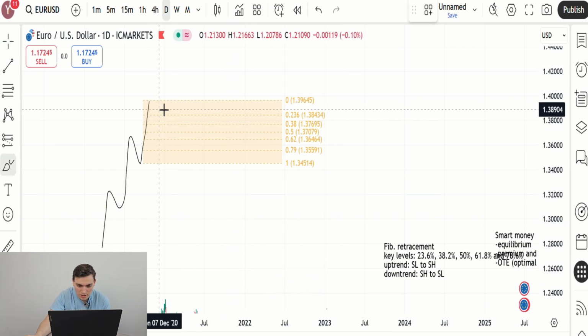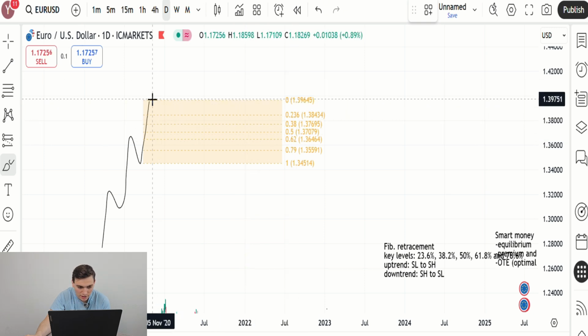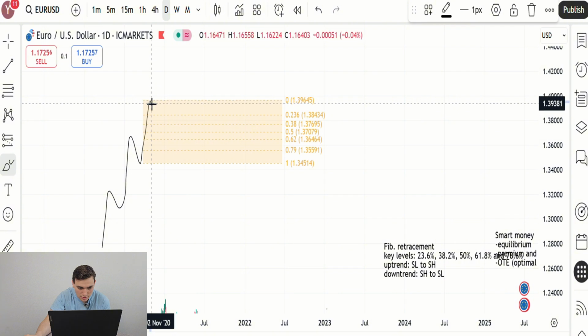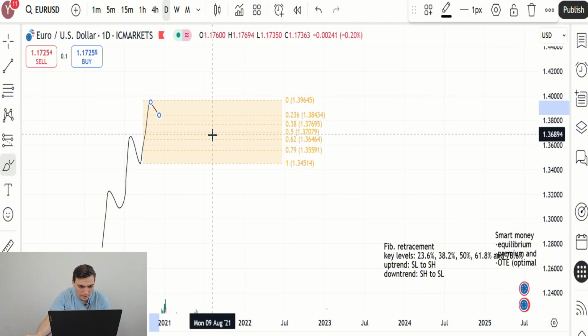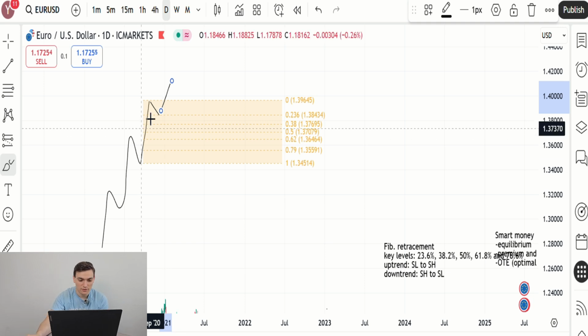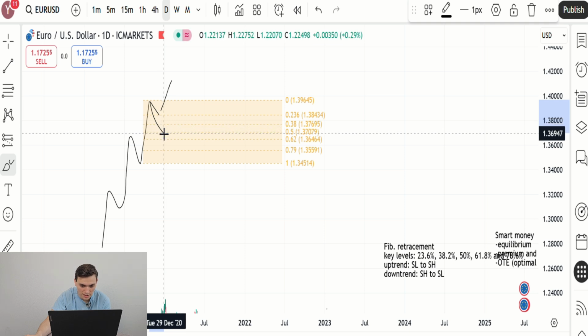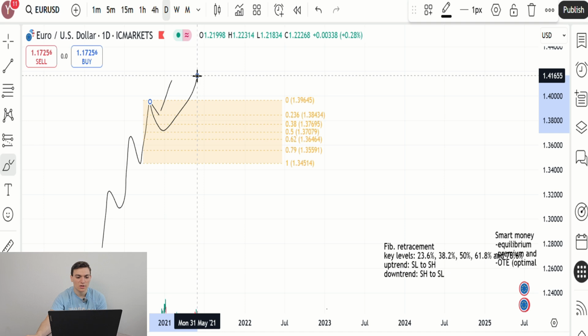I want you guys to know that if it's between 0 and like 0.38, and then it continues up, it is considered a strong trend. If it's going to around the 0.5, a little bit more, a little bit less, and then it goes up, it's considered a normal trend, not too strong, not too weak.